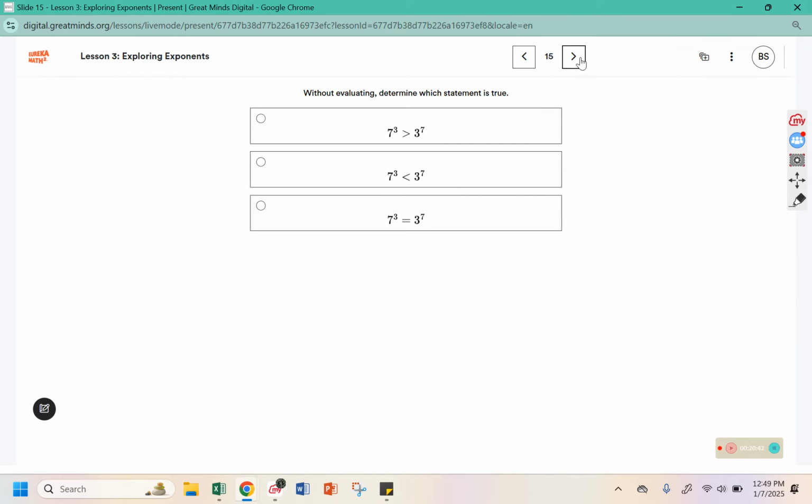Without evaluating, determine which statement is true. Is 7 to the third power greater than 3 to the seventh power? Smaller than or equal to? Well, let's just write it out. Not evaluate it, just write it out.